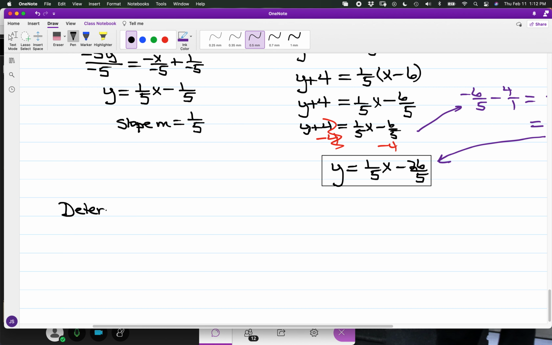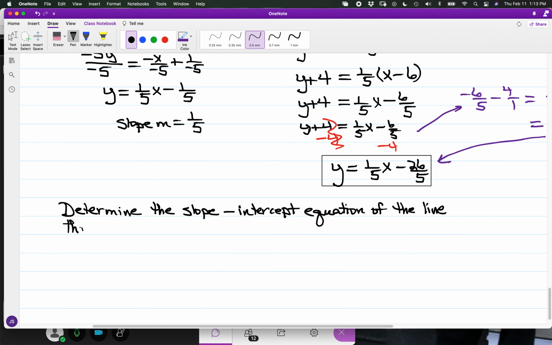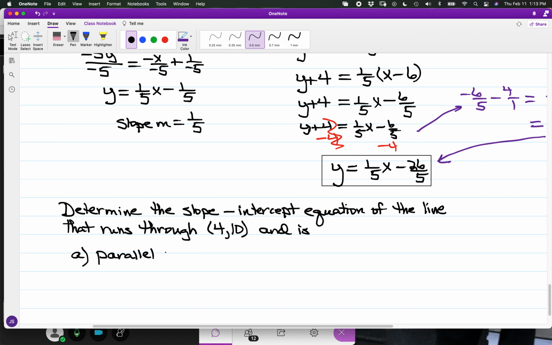So we're looking at determining the slope-intercept equation of the line that's going to run through (4, 10). And first of all, let's say it's going to be parallel to 2x minus y is equal to 7.